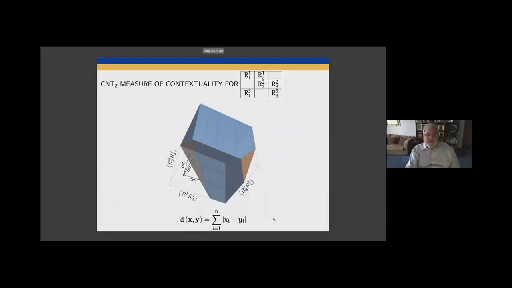By the way, this is a particular measure of contextuality that I'm discussing. Within the framework of contextuality by default, we have defined 3 different measures of contextuality. And one of them, again, in relation to the discussions yesterday, is based on constructing a quasi-distribution and measuring the negative mass within this quasi-distribution.